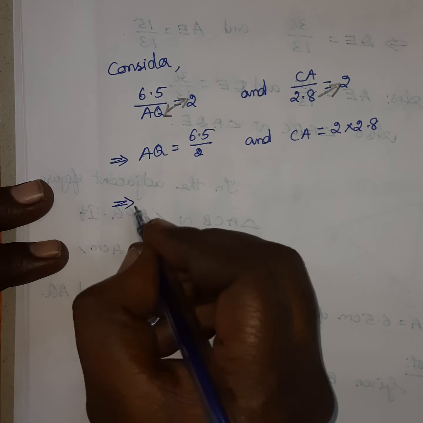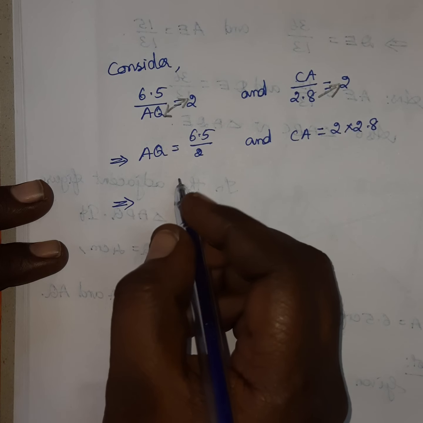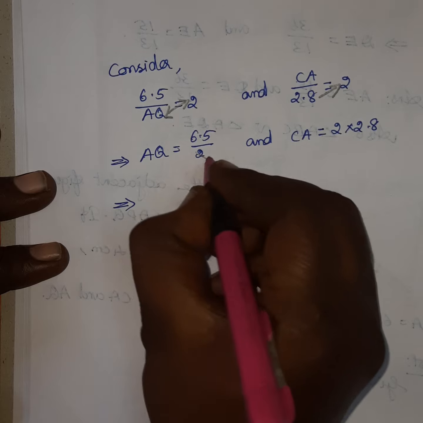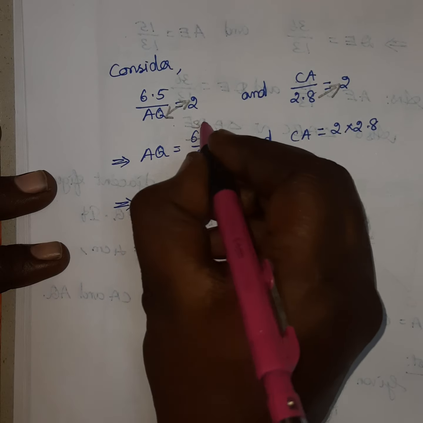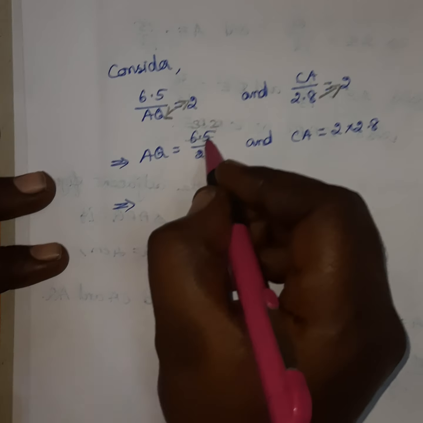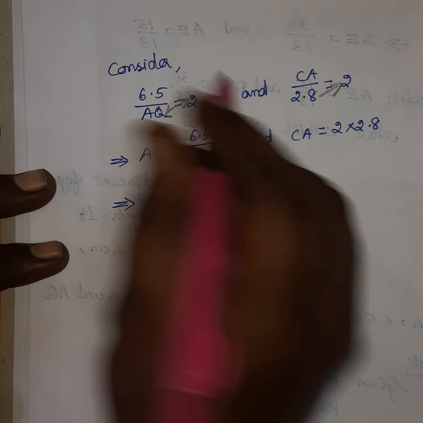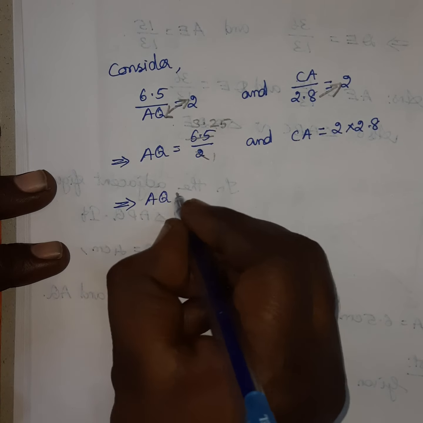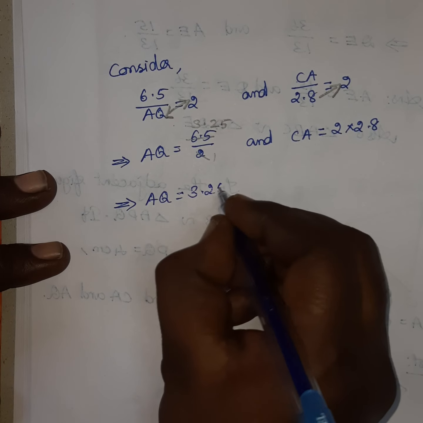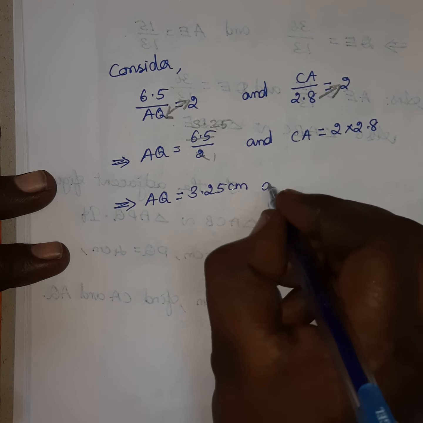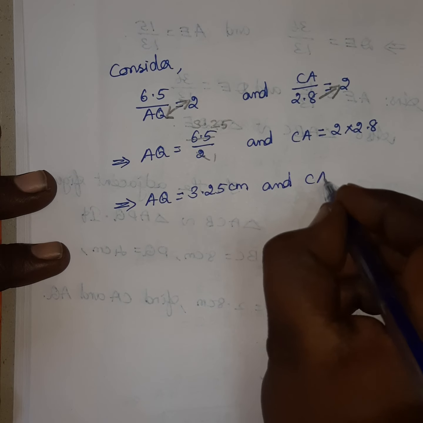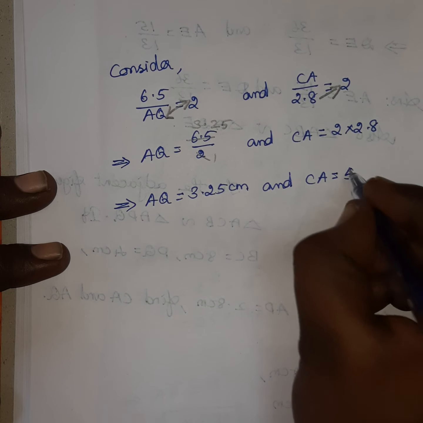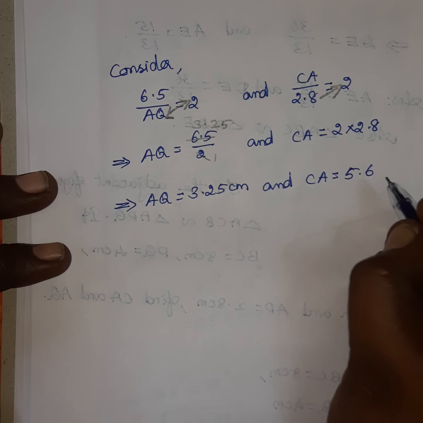What are the values? When you divide 6.5 by 2, half of 6.5, otherwise you can divide it: 1 2 is 2, 3 2s are 6, 2 2s are 4, remainder 1, so put the 0, 5 2s are 10. Okay, you will get AQ equal to 3.25 centimeter and CA is equal to 2 into 2.8, it is 5.6. 2 28s are 56.